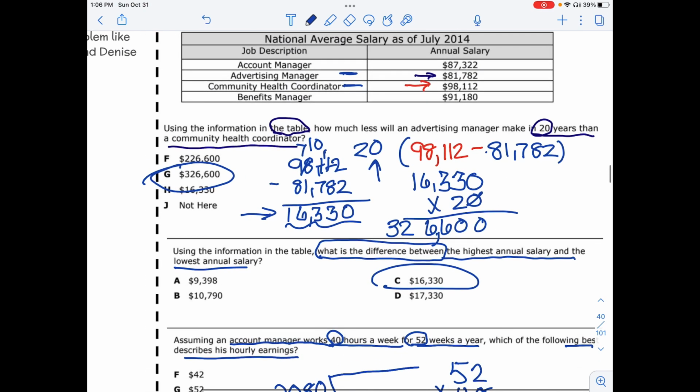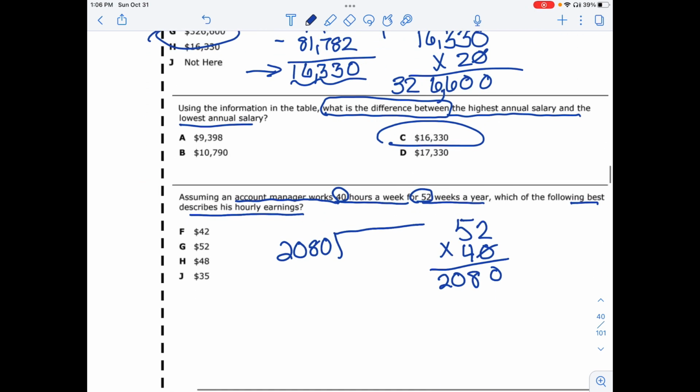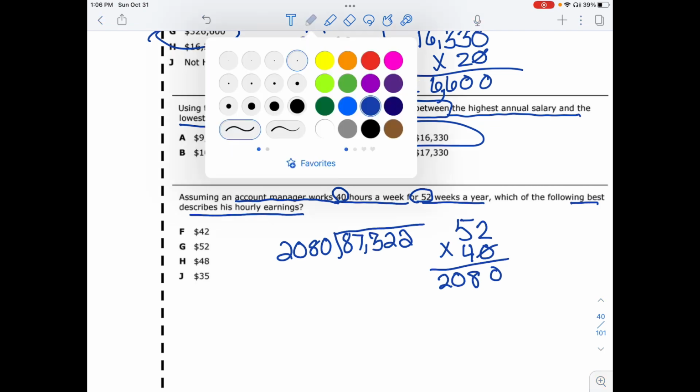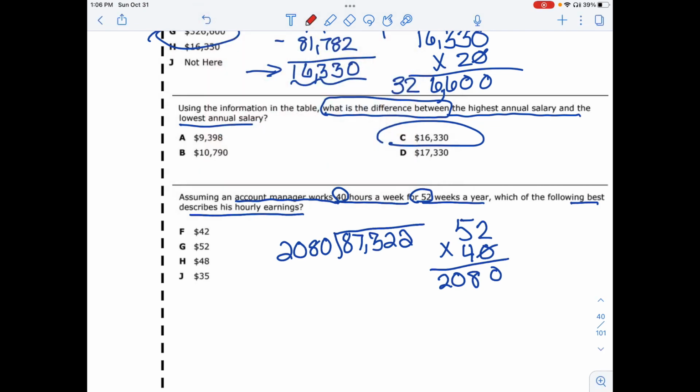The account manager makes 87,322. I'm going to start by trying 4. I'm going to multiply 4 by 2,080, and that's going to give me 8,320.